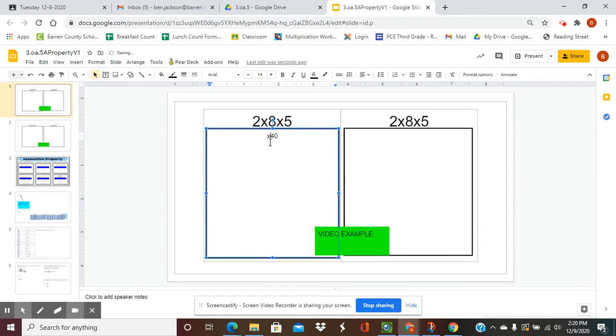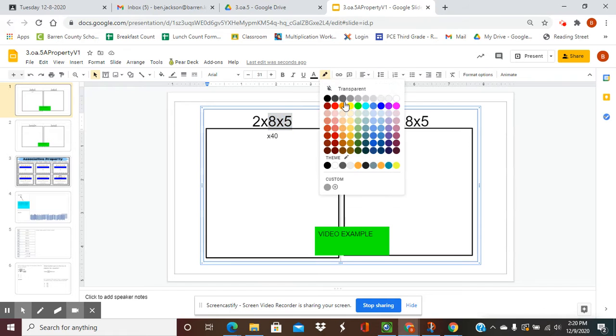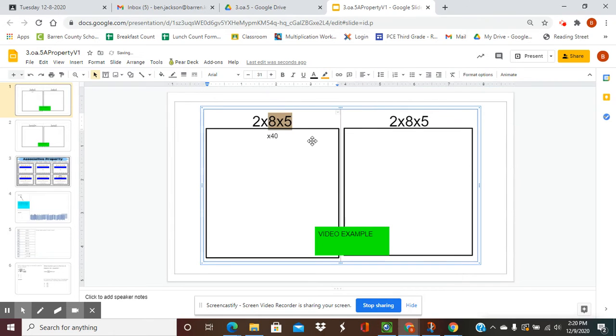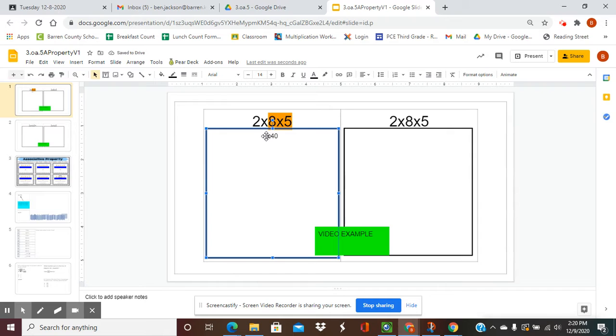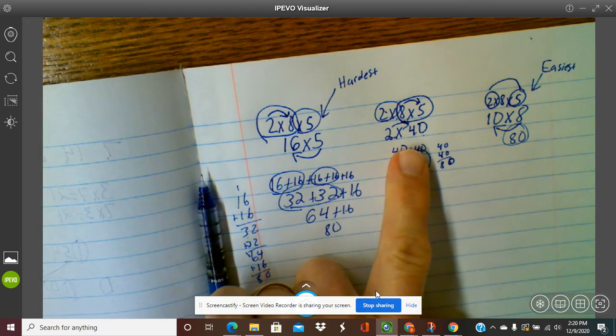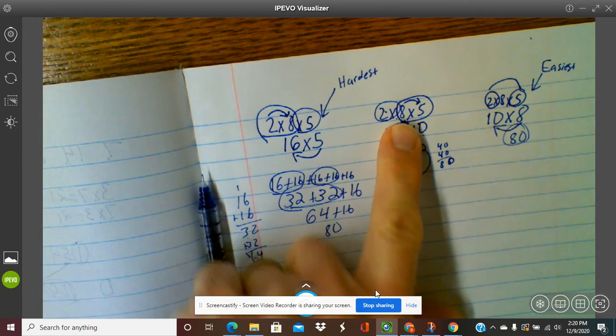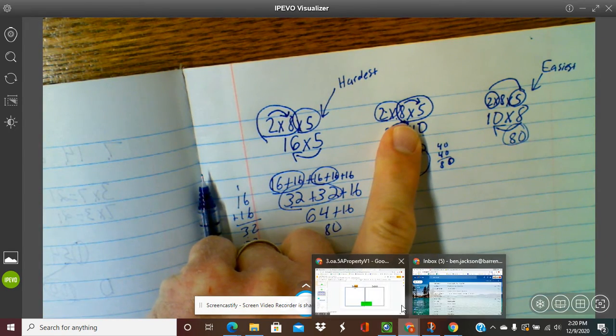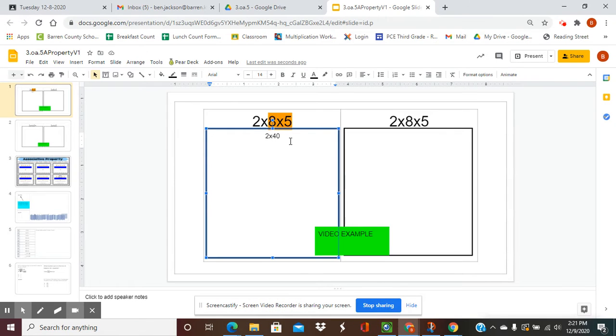I'm also going to put a times because I need to drop down the 2. As review, I just multiplied 8 times 5 and got 40, and now I need to drop down my 2. I've already done this work on my scrap paper, so I already solved this over here. Same problem. Now I'm going to go back, and 40 times 2 is equal to 80. Let's look at this other one.